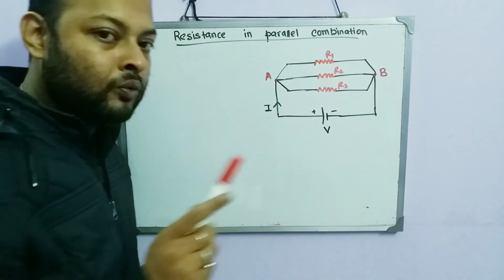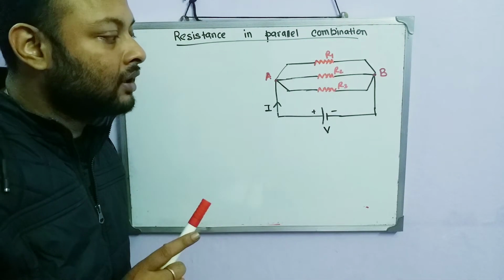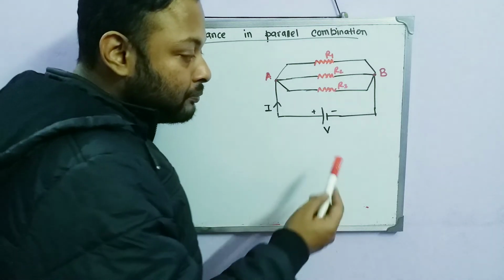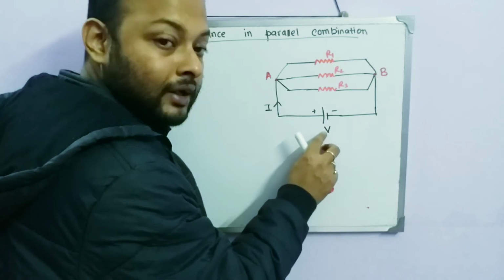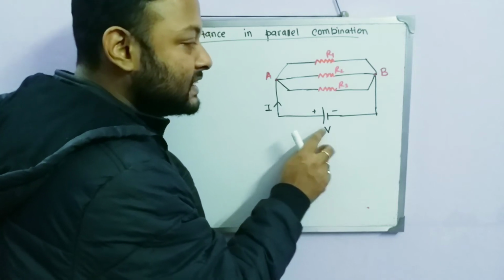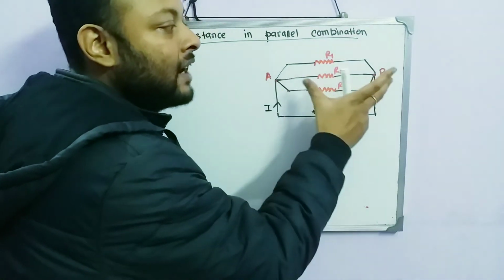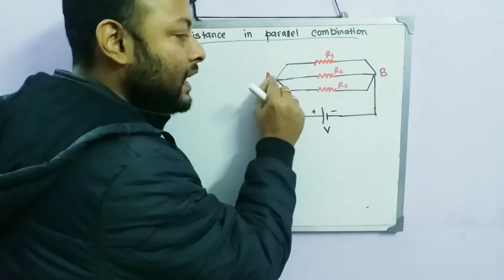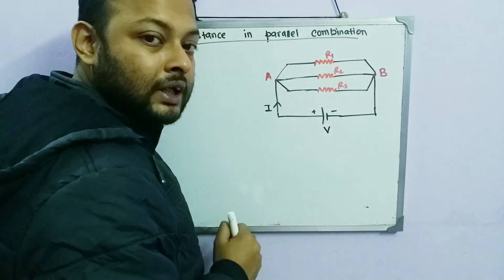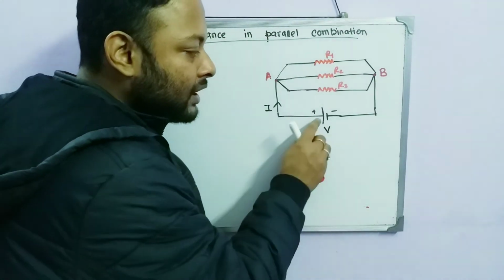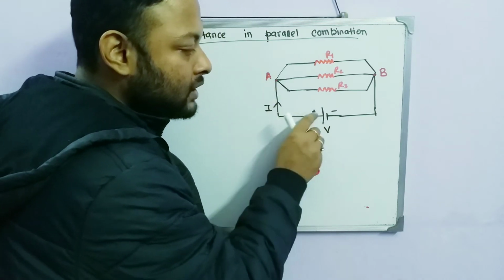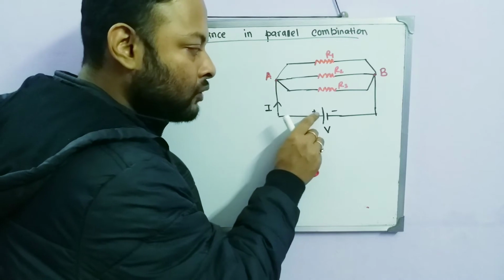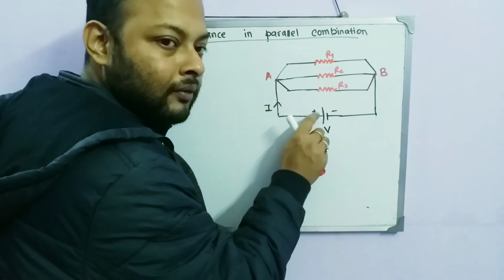Now over here, one point that you have to understand: whatever voltage or potential I am giving over here is the same potential between A and B. How is that happening? The plus is connected across A and there is no resistance in this wire, so there will be no potential drop in this wire.